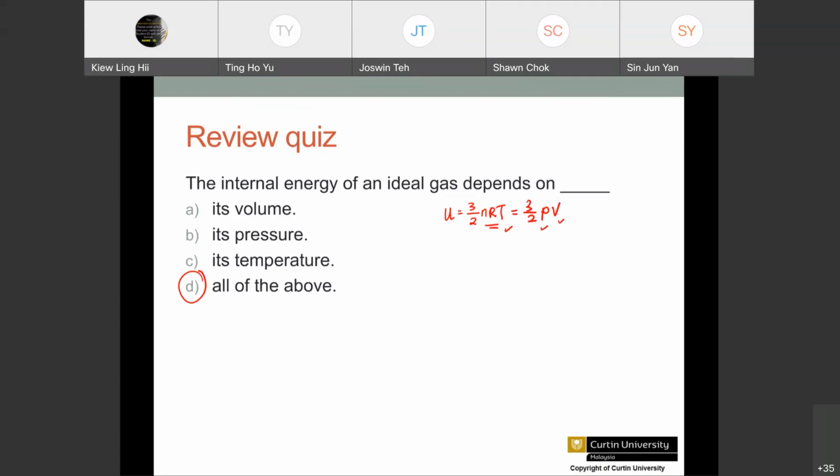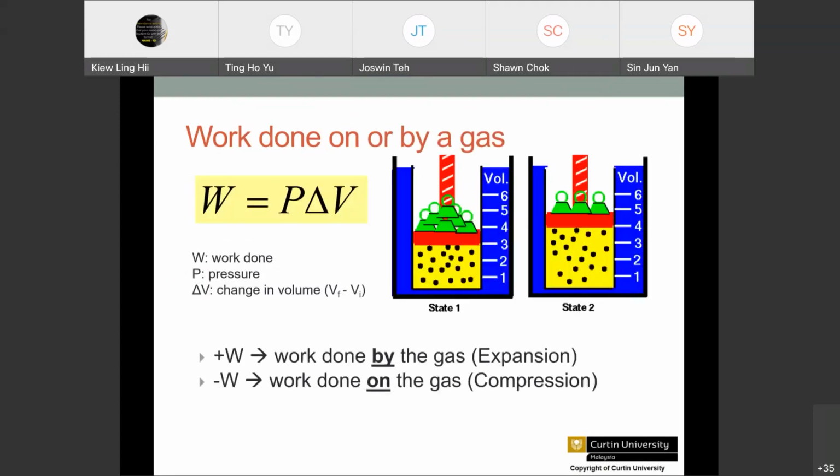Okay, so apart from internal energy, another term that you have to know about is work done. For thermodynamics, you learned that work done equals force times distance, right? For thermodynamics, it's about the expansion or compression of the gas, so it is given by pressure times the change in volume.